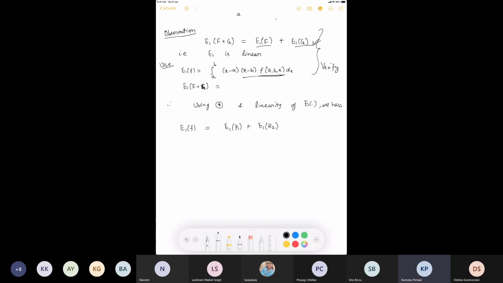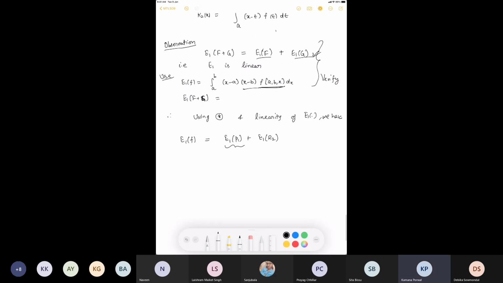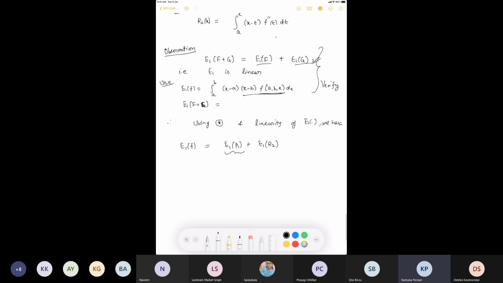Now what is happening to the error in P1? Zero. This is where I'm using, recall the error formula.